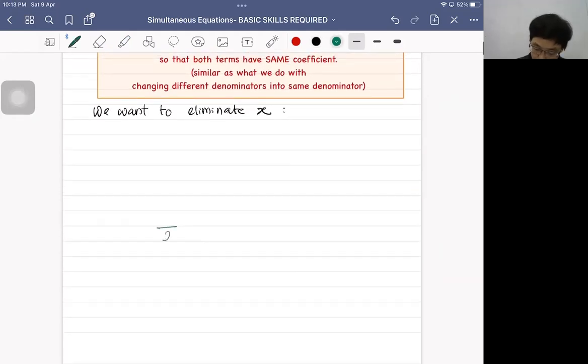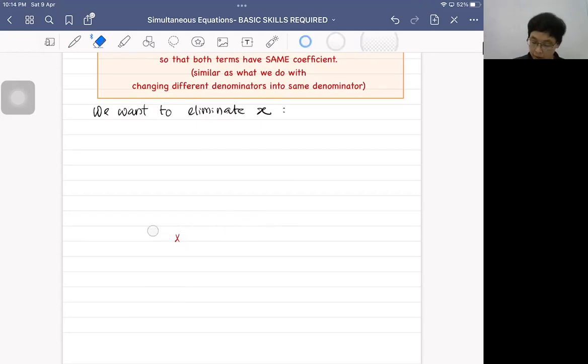Let's say you are given a denominator of 2, and you need to add a denominator of 5. What do you do? Yes, you cross multiply them, right? After you multiply, you notice your denominators have become the same. This is a similar idea to what we do here.